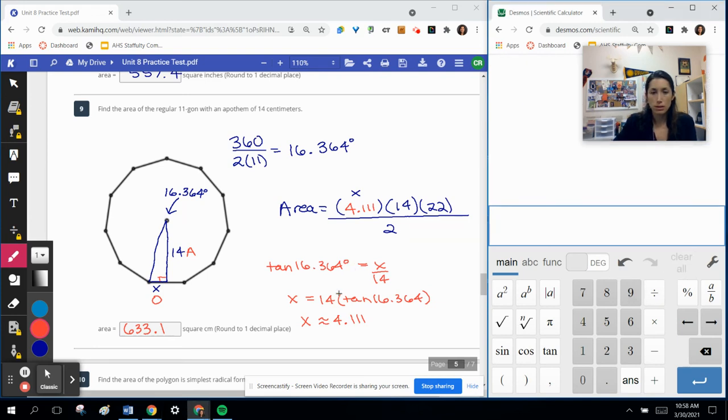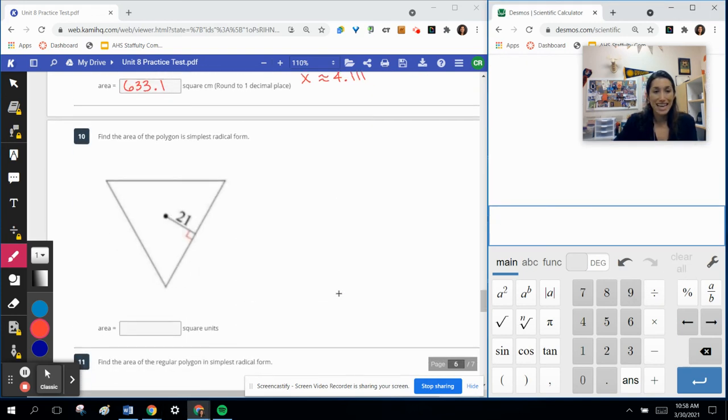We'll clear this. Question 10 and 11, we're using our special right triangle properties. So we've got our 30, 60, 90 with our short leg, our long leg, and our hypotenuse.